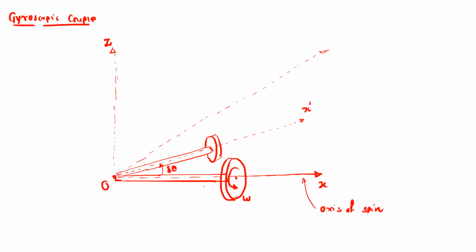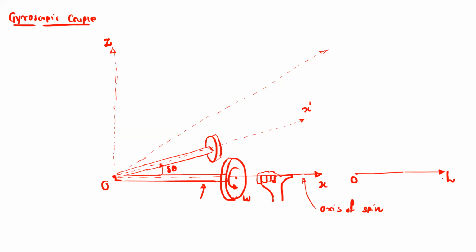When the shaft is along the OX, its angular momentum vector is directed in this direction. So this is L. Let us take this point as O. If you use the thumb rule, you have to curl your fingers in this direction, so the thumb indicates the direction of the angular momentum.